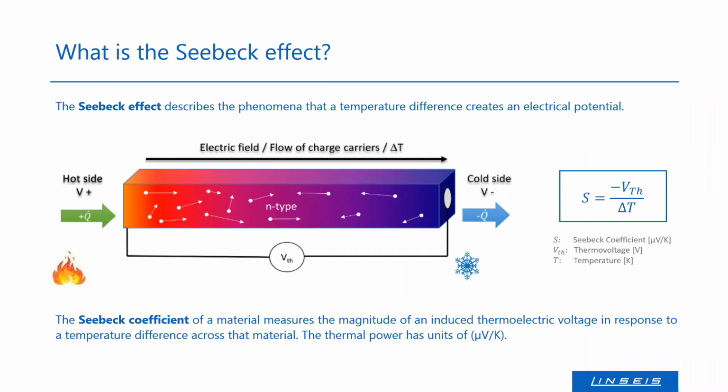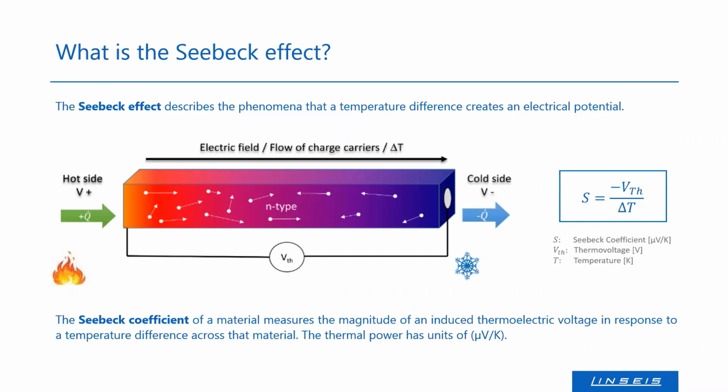And the size and direction of this electric field depends on the charge carriers on the hot side, which move to the cold side. So the electric field thus depends on the material and temperature, which means that the Seebeck coefficient is a material-specific and temperature-dependent parameter.